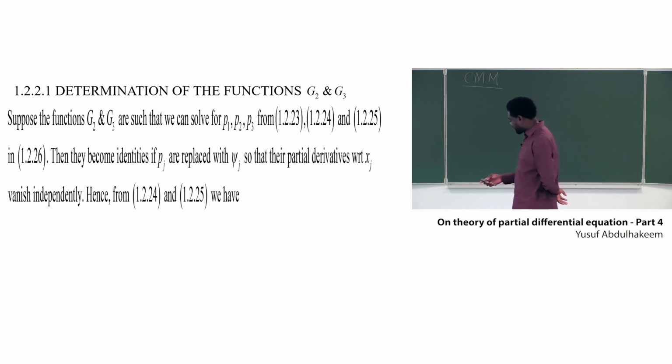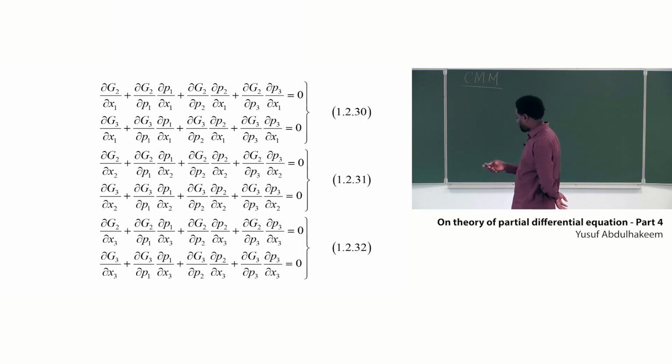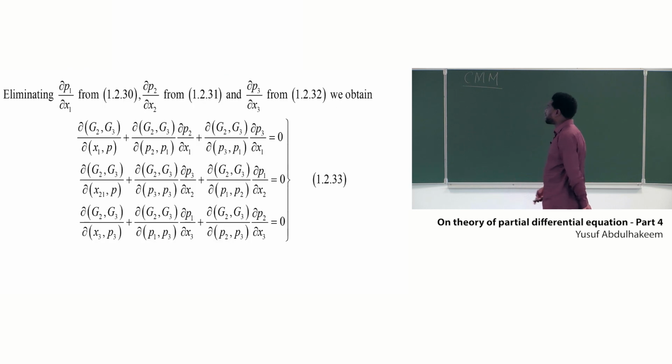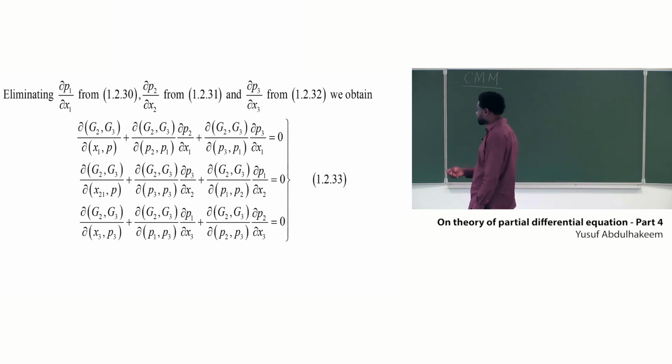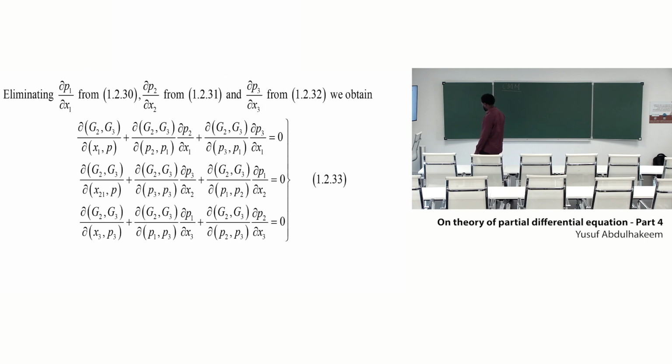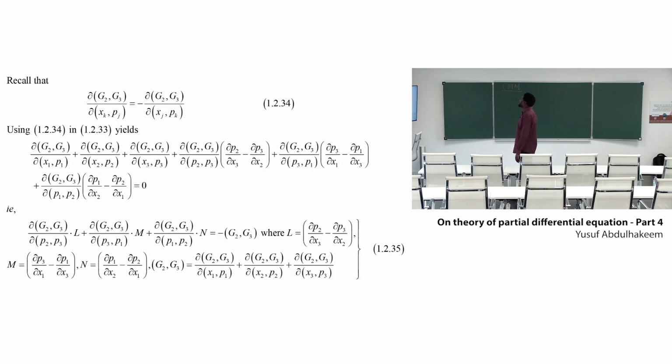So for us to carry out that derivative, the partial derivative is going to be this long. That is how we obtain all this. Then we move on to eliminate p1, x1, p2, x2, p3, x3, and the equation reduces to what we have here in 1.2.33.